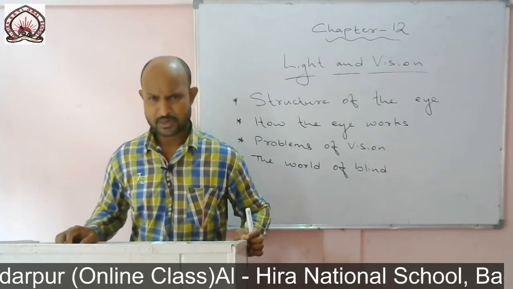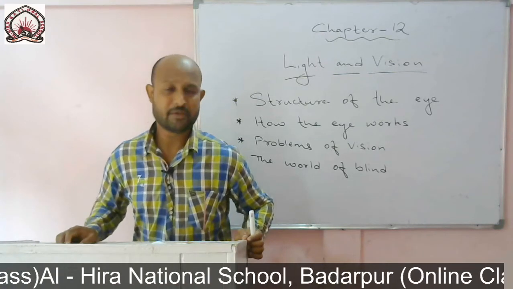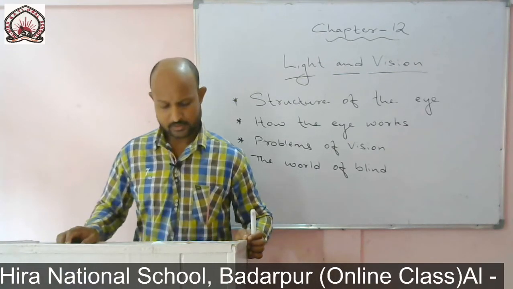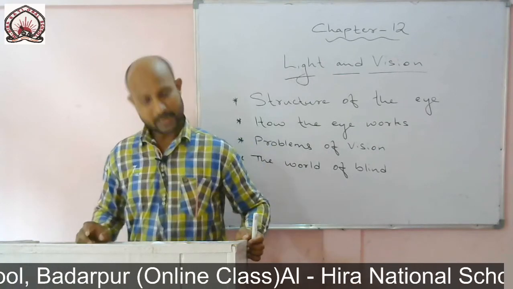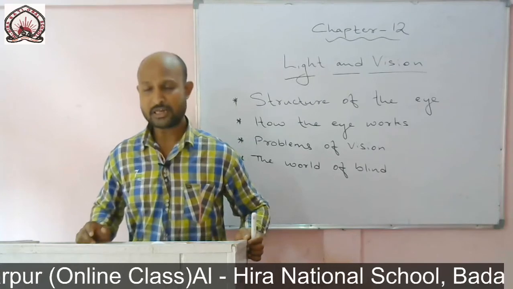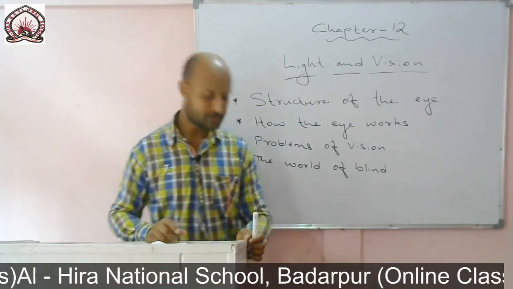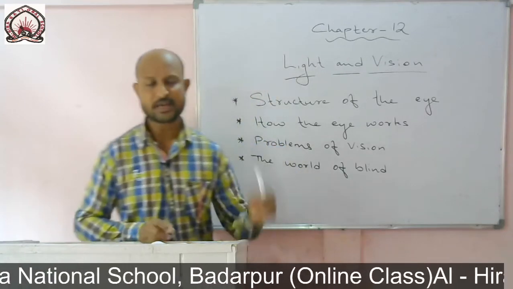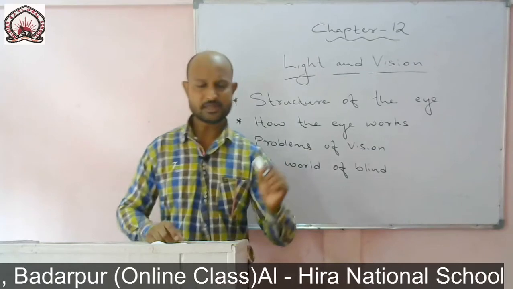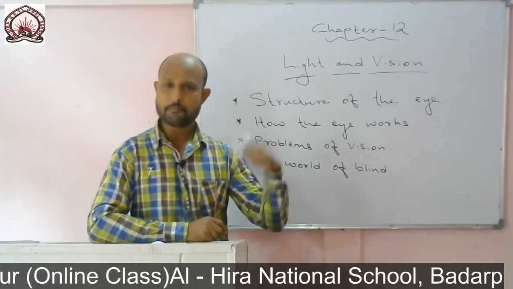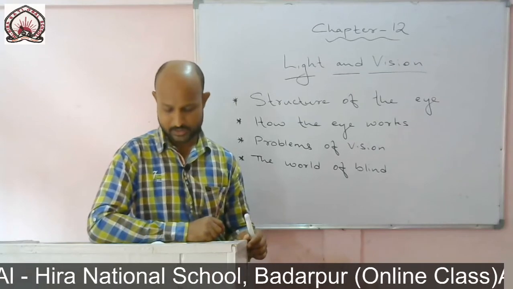That means the things that are nearby him, sorry, the things that are nearby him he can see very clearly, but the things that are far away from him he can't see. So a person suffering from myopia or nearsightedness has the eyesight to see nearby objects. That means he is unable to see distant objects, but he is able to see nearby objects.